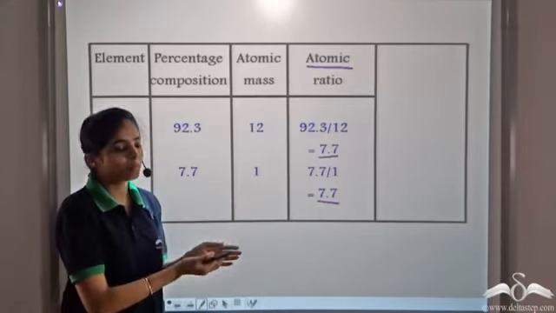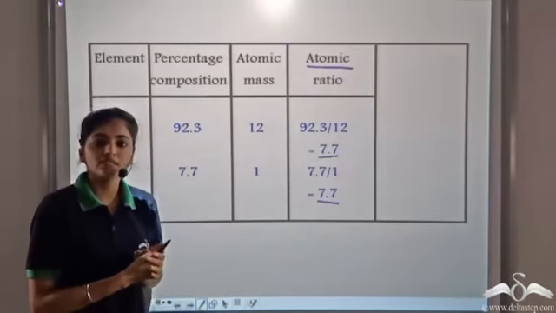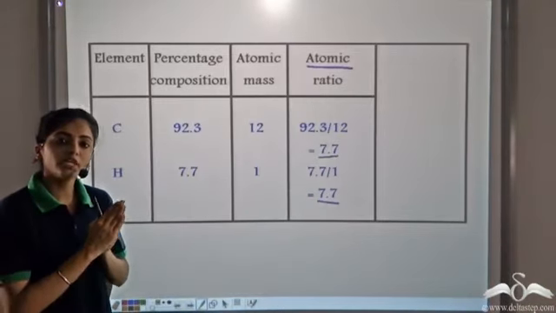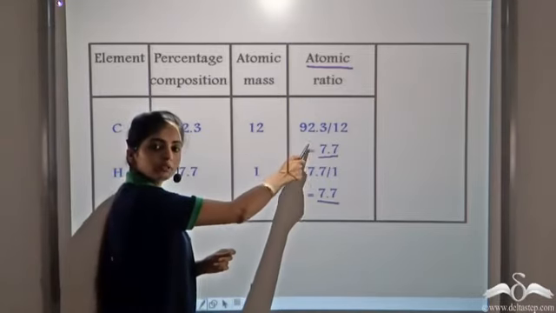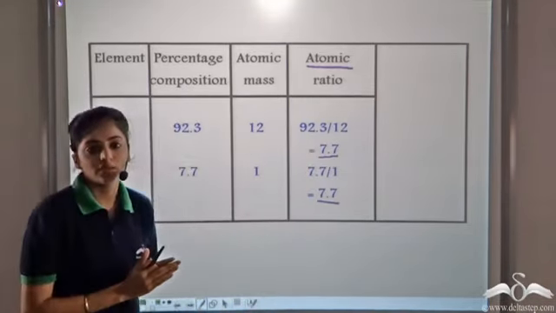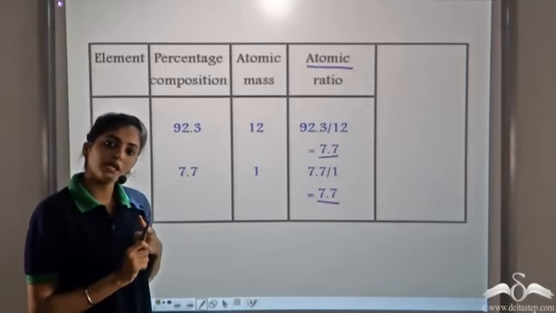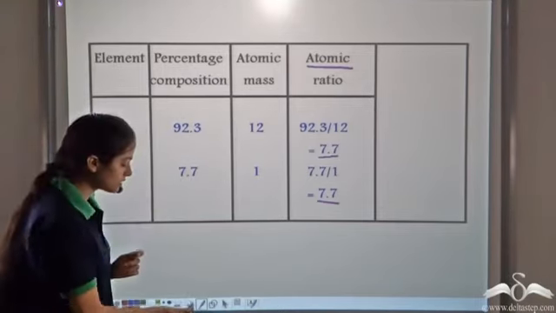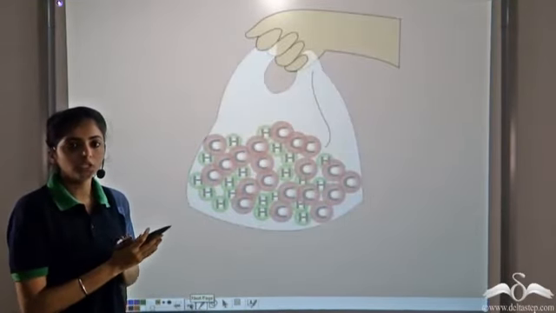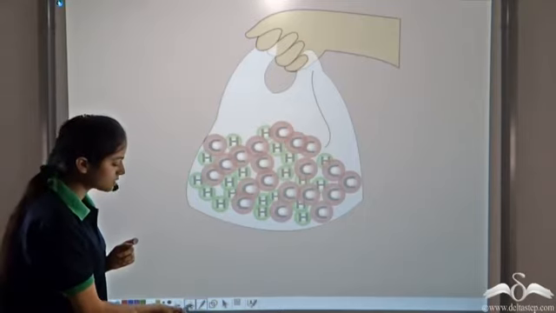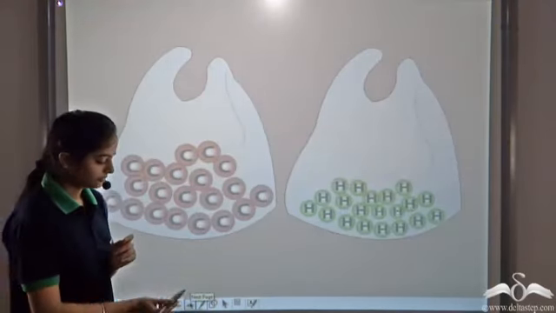Even if we change this number to 15:15, it will remain the same. So we have a 1:1 ratio of carbon and hydrogen. If we have a collection of carbon and hydrogen, the number of carbon atoms and hydrogen atoms is the same.